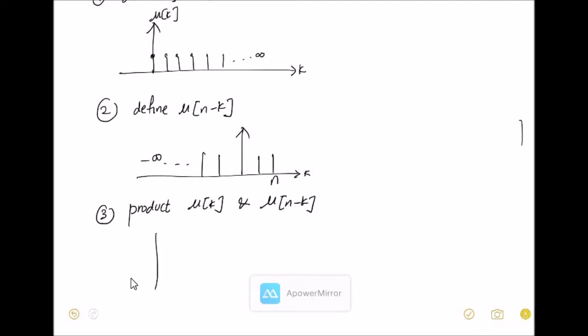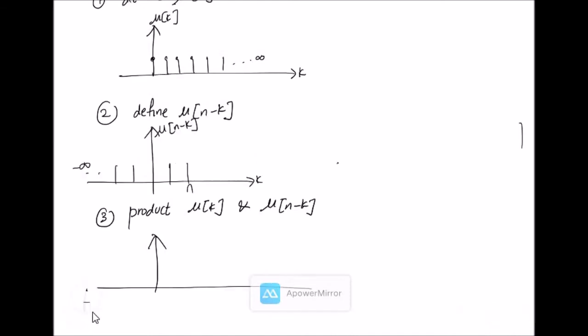Probably I redraw u[n minus k] on the same axis. So you multiply u[k] with u[n minus k]. What do you get?